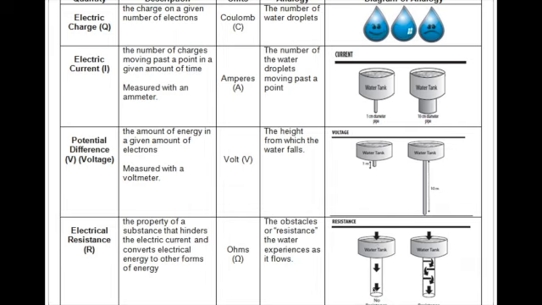So if we have no obstacles, there's no resistance, everything is great, but we might have some blockages in here, right? Think about a toilet getting blocked, water can't flow through, it is experiencing resistance. Electricity and water are great connections to make, and it's a really good analogy because water has to flow through a pipe, right? Water has to come from somewhere and it has to go somewhere.